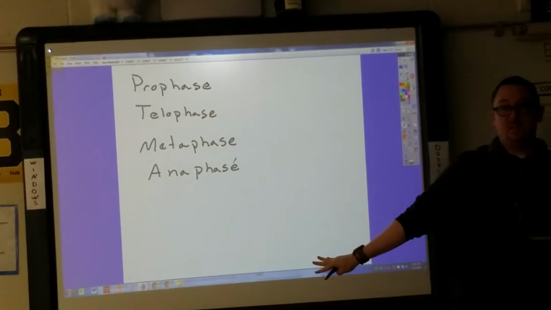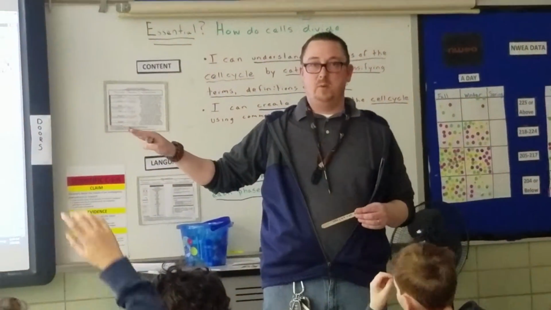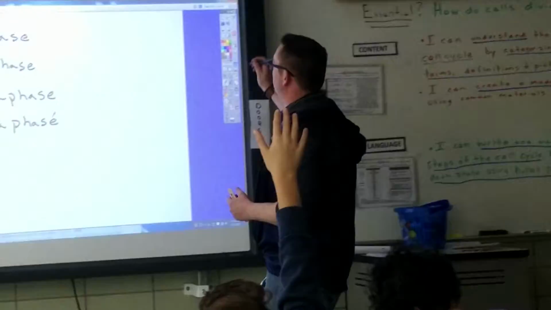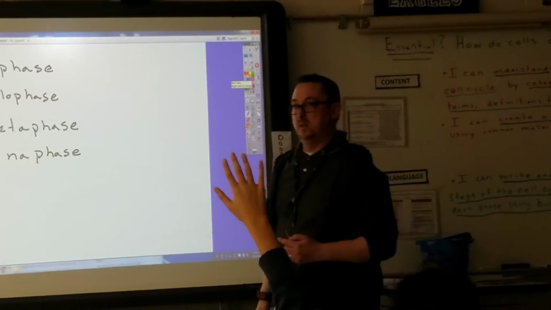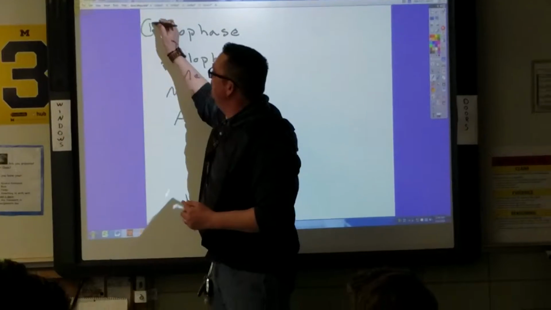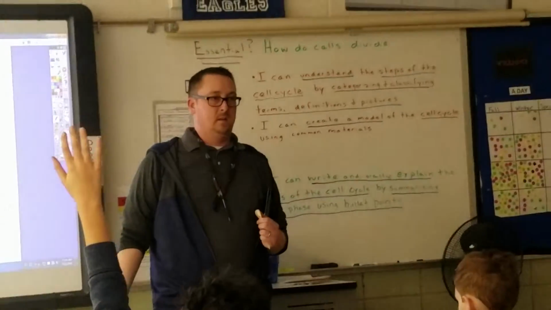If I had to put these in order, well, I'm not going to rearrange them, we'll put numbers next to them. Which step would be first? Go ahead, Joel. Prophase would be number 1, and then after prophase will come what, Nettie?